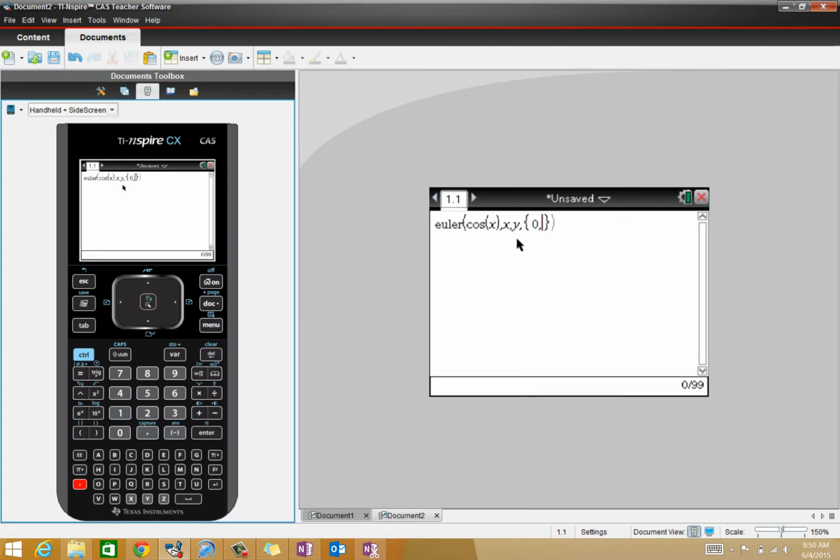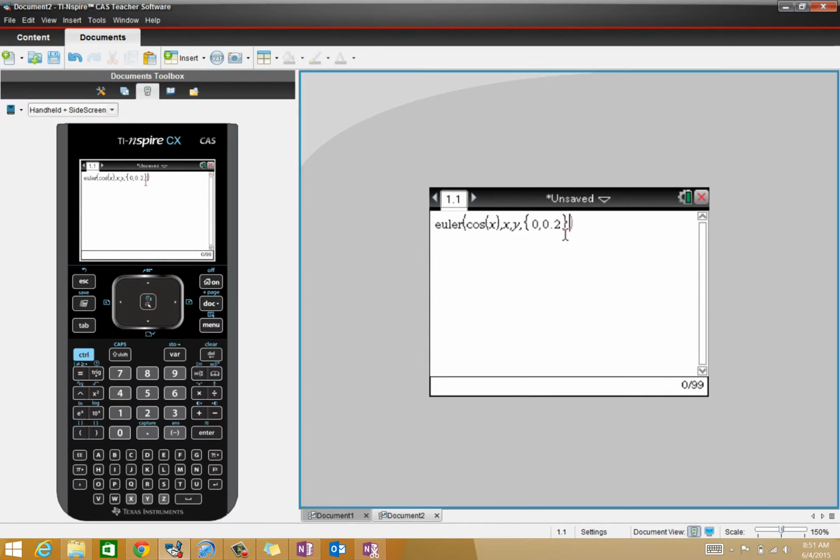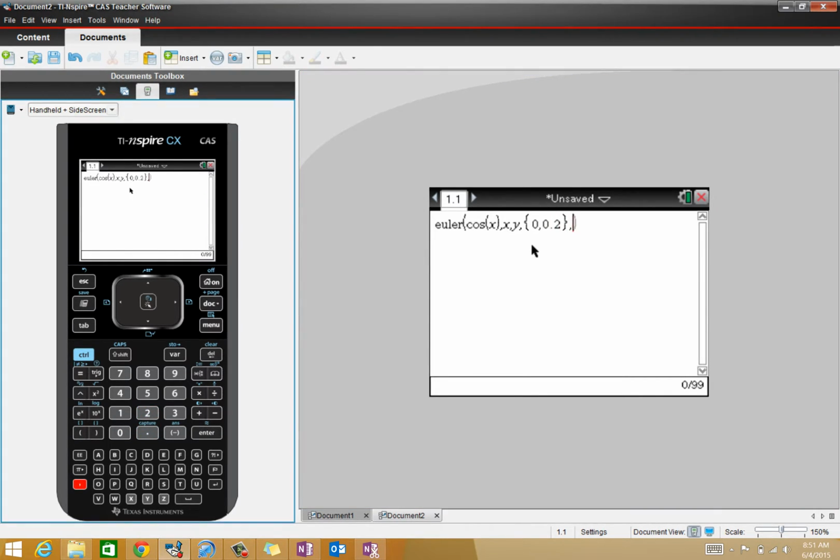So from x0 to x2, and x2 is 0.2, good. Then comma, and then you put in y0, and then your h value, and then the answer is the bottom right corner.